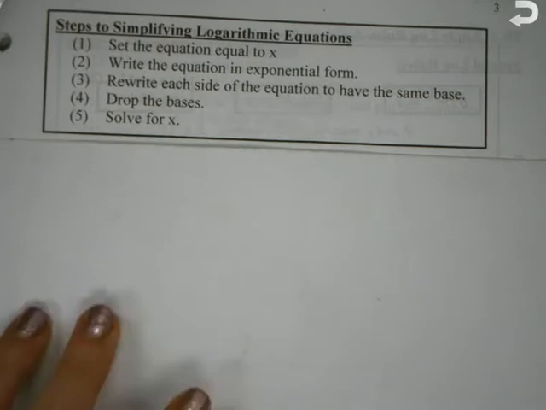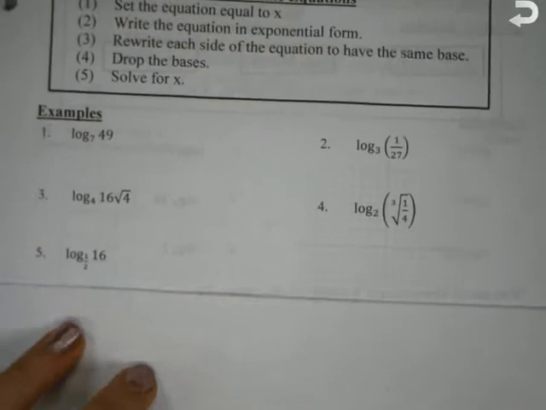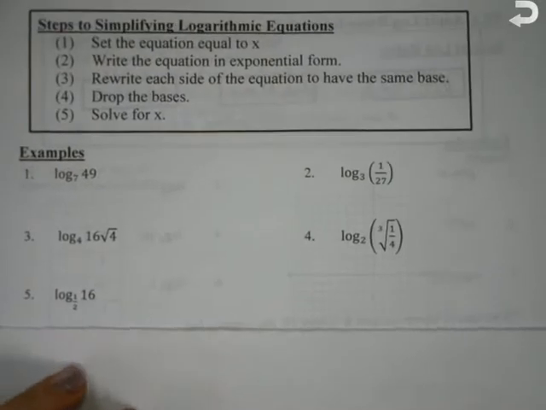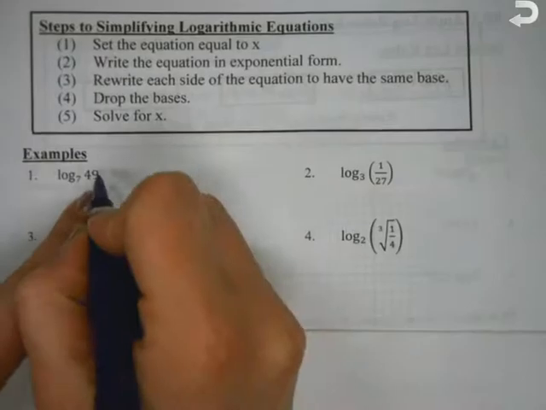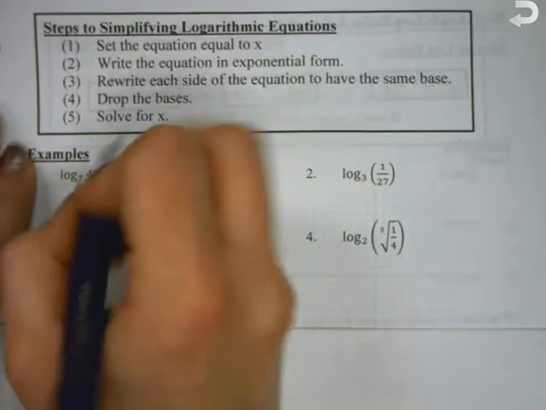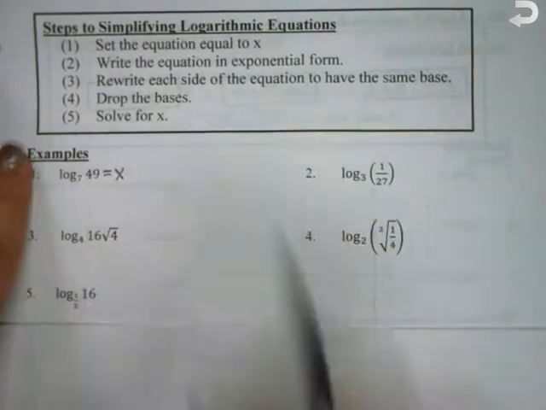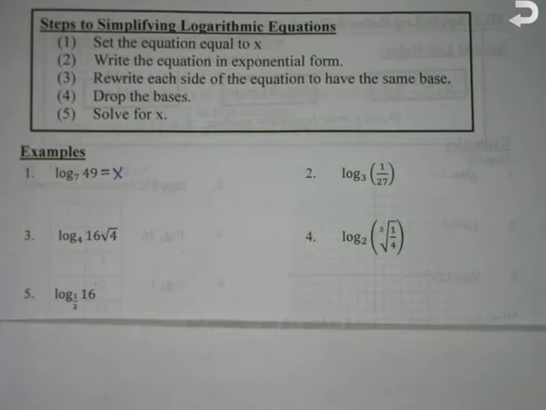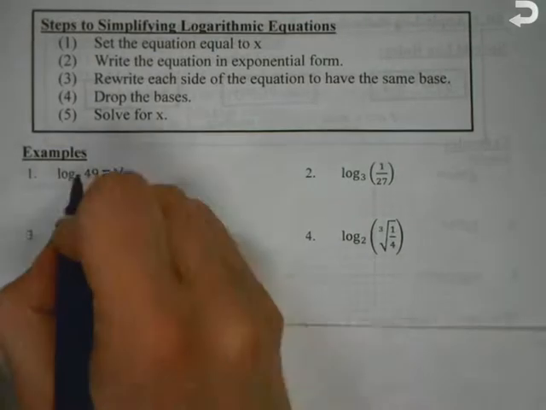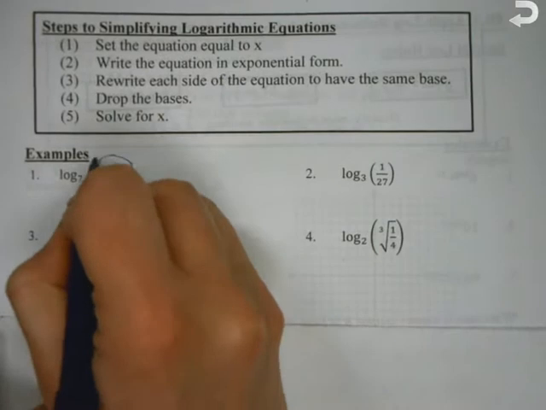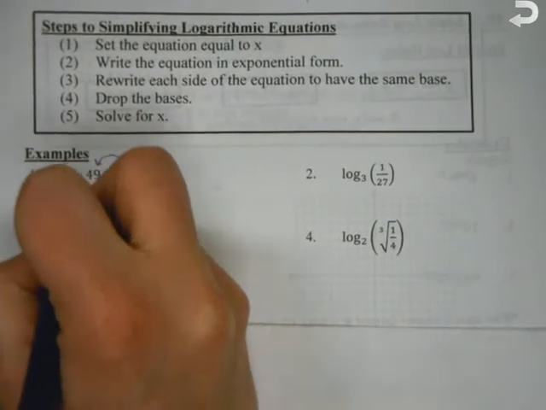All right, so let's look at the first 5 examples. Okay, so log base 7 of 49. We want to know what that's equal to. So we set the whole thing equal to x. And then we want to rewrite this in exponential form. So we go around, which gives us 7 to the x equals 49.